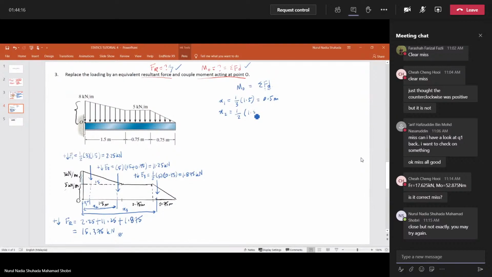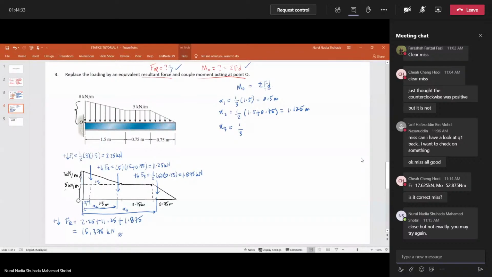And then x3 is the triangle here, 1 over 3 times 0.75, the distance here.